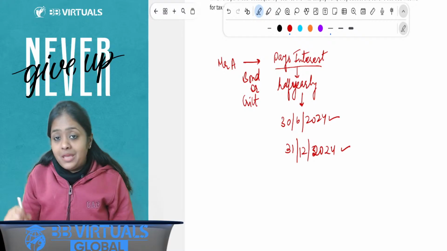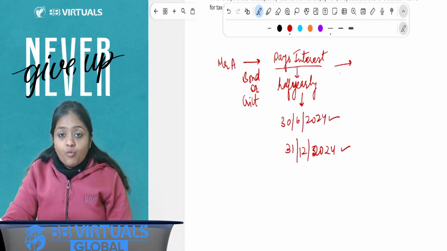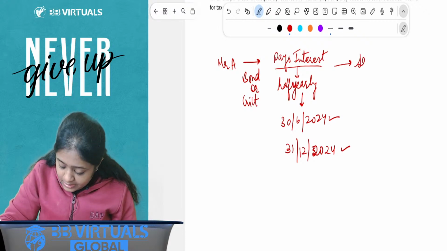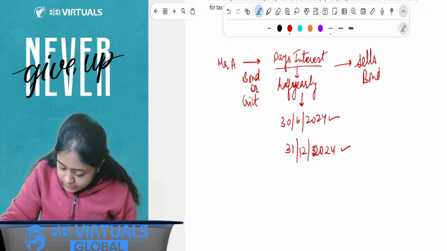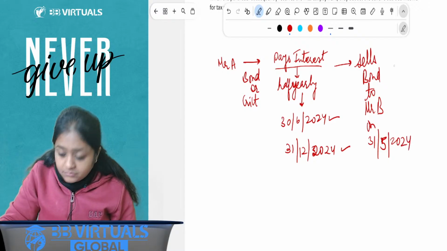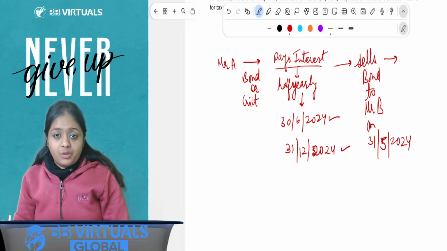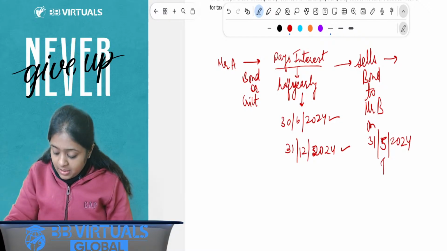Now let's say it is paying interest half yearly. Now Mr. A is very clever. What he does is he sells the bond to Mr. B on 31st May 2024. Now when he's selling the bond on 31st May 24, you know this is a gilt, and gilt is exempt from tax.